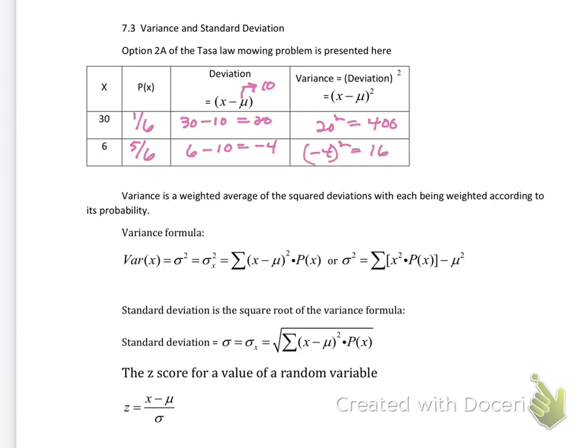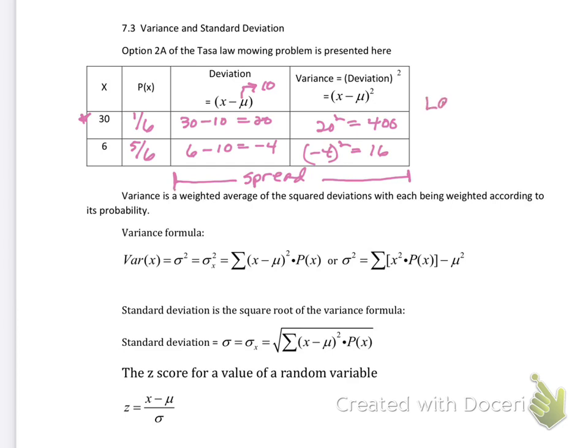So there's more variation from the expected value in the case where you're earning $30 than in the case where you're earning $6. The spread is greater. Variation and deviation measure the spread, so these both measure the spread of your x from your average or mean.